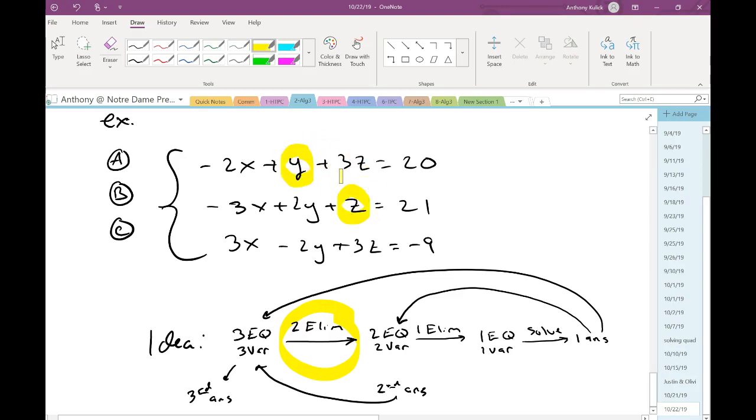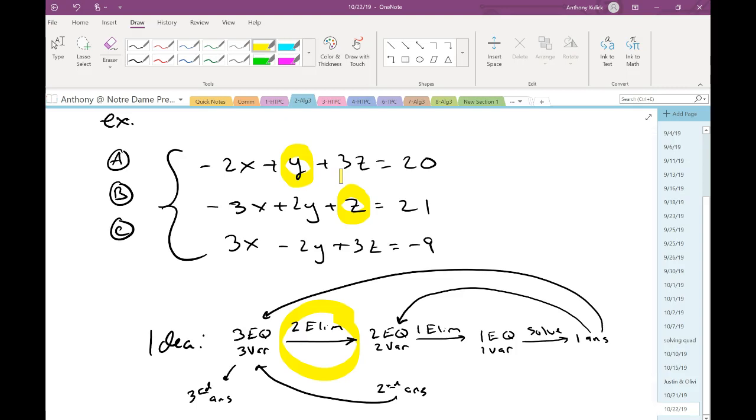So there's two good candidates there. I could use equation A and try to eliminate the y's, or I could use equation B and try to eliminate the z's. Either of them is going to be a good candidate. It doesn't really matter which one we choose here.